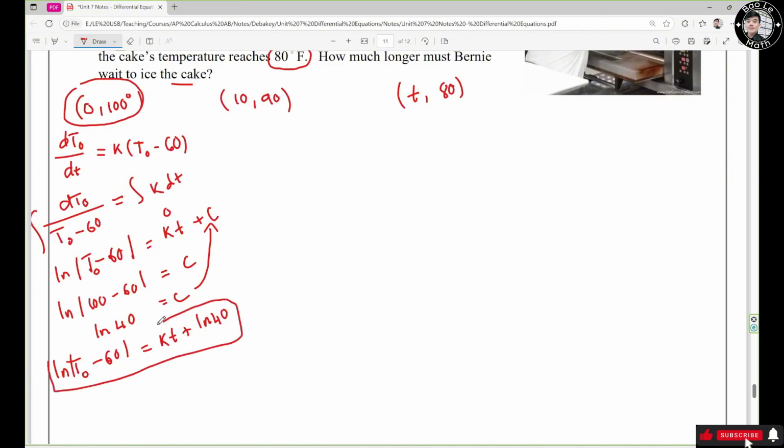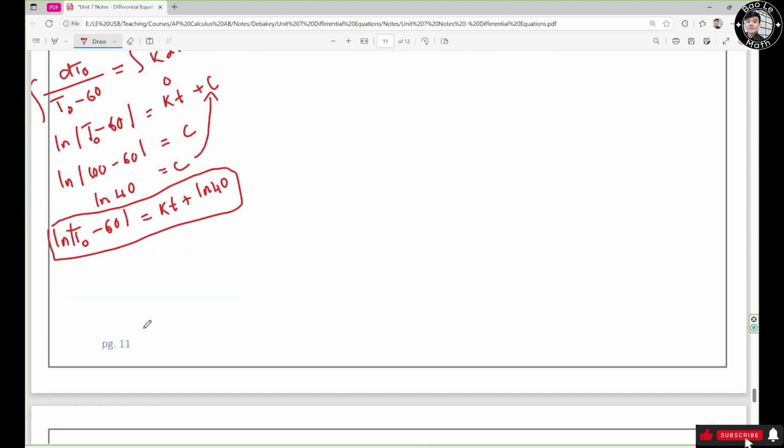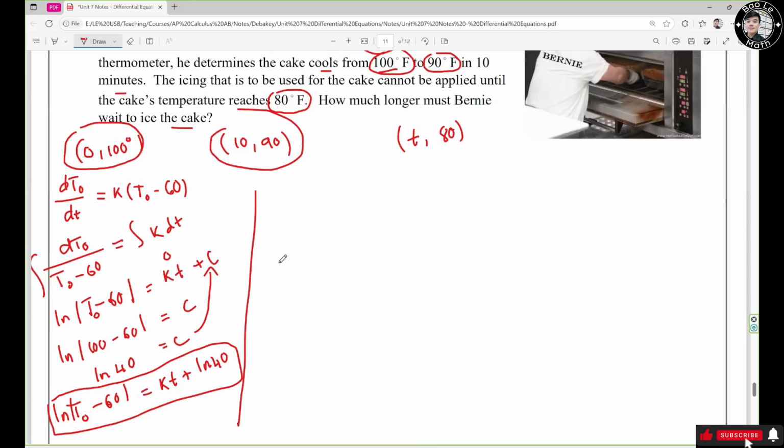Now I need to use the second ordered pair, which is 10, 90, to solve for k. So at t equals 10, T equals 90. So I have natural log of the absolute value of 90 minus 60 equals 10k plus natural log of 40.